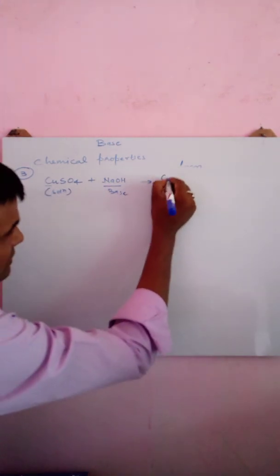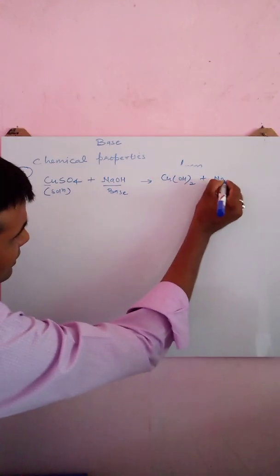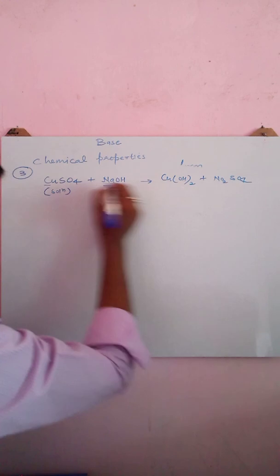They both undergo a precipitation reaction to form the hydroxide of this metal, copper(II) hydroxide, plus sodium sulfate, a soluble salt, right?